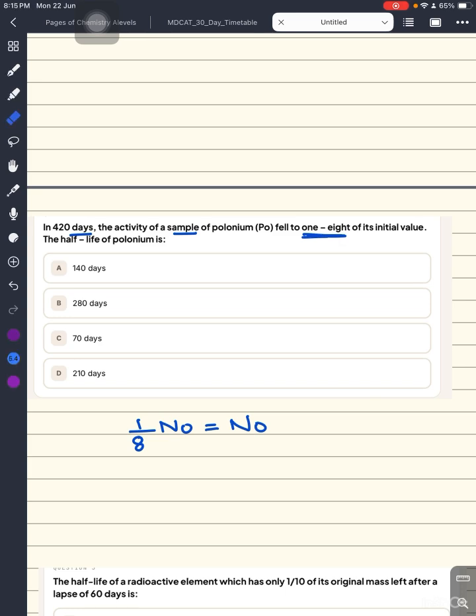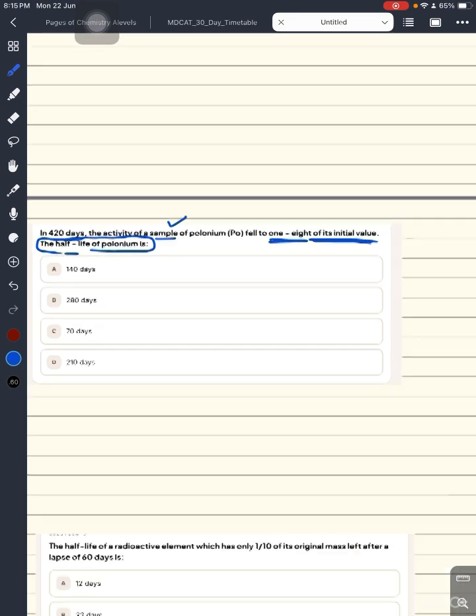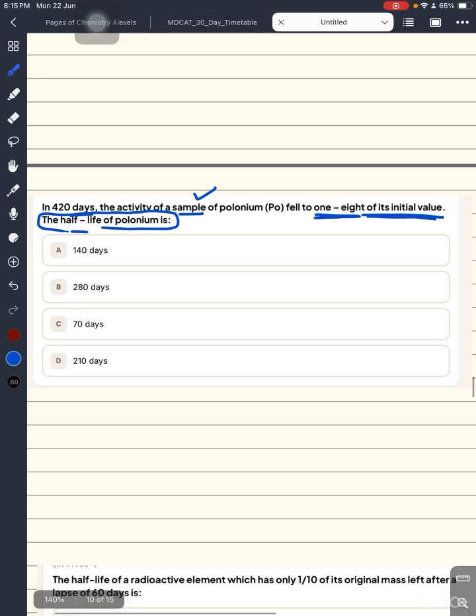The half-life of the polonium is... we have to calculate the half-life, and we know the formula. How will we do so?